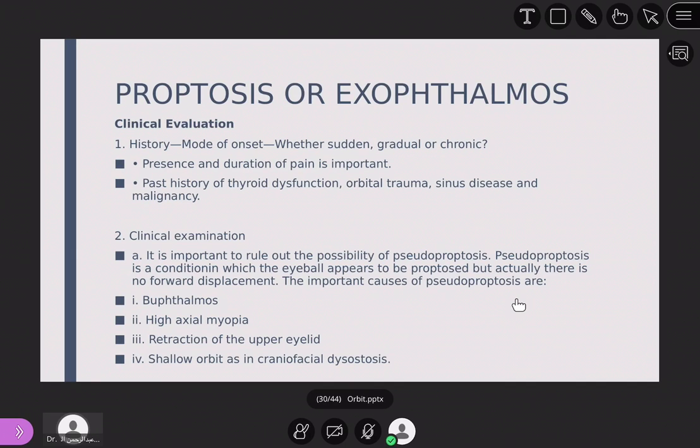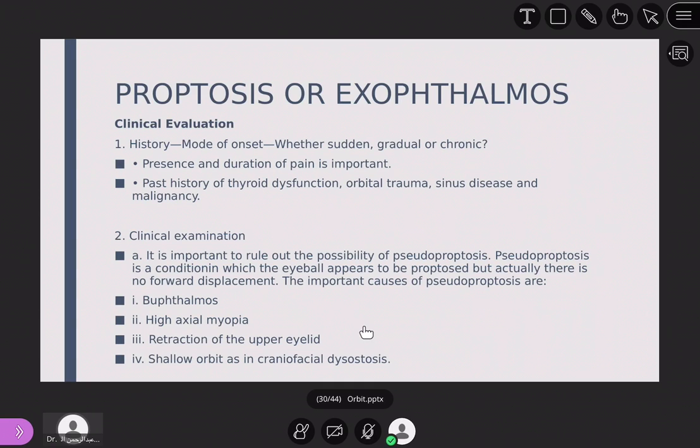Pseudoproptosis means that we can have buphthalmos, as in glaucoma. In congenital glaucoma, the eye is large, but it's not anteriorly displaced. The eye is in place, but it is large. It looks like it is proptotic, but it's not proptotic. It's only large. This is buphthalmos. High axial myopia is the same. High axial means I have a large axial length of the eye, meaning a large eye.